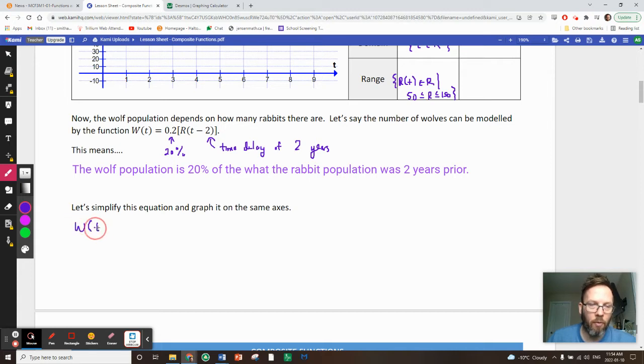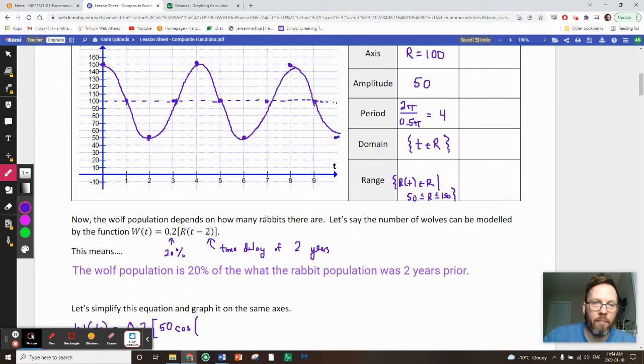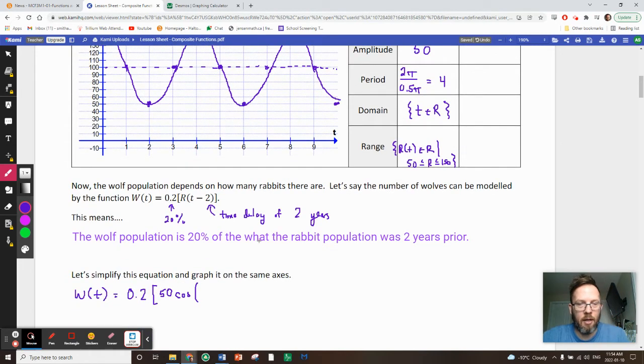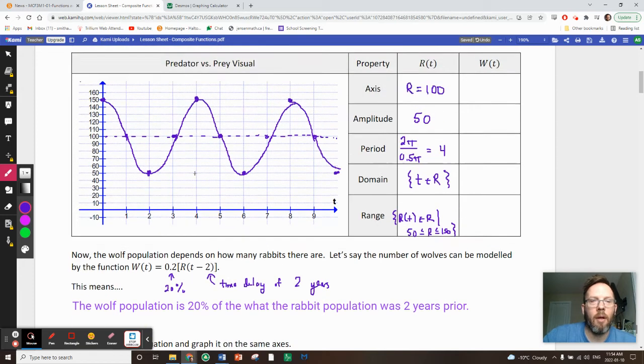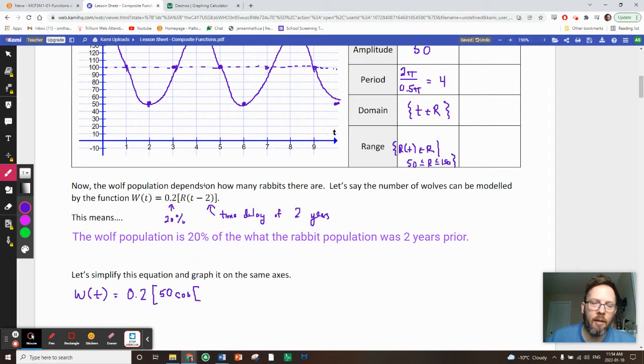What does that equation say? Well, the wolf population is 0.2 times the rabbit population function, but not with t, with t minus 2. So 0.2, and then I'm going to plug in our rabbit population function, which was 50 times the cosine of, I might actually need another set of little square brackets here, 0.5 pi t.